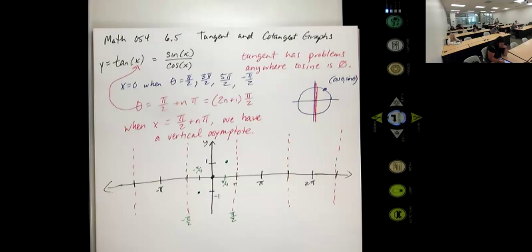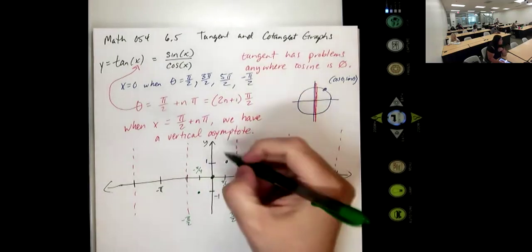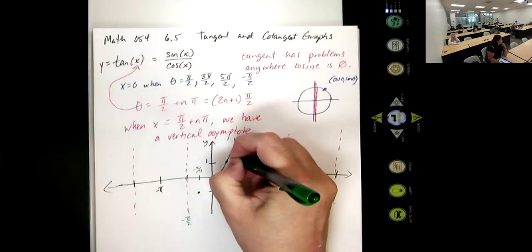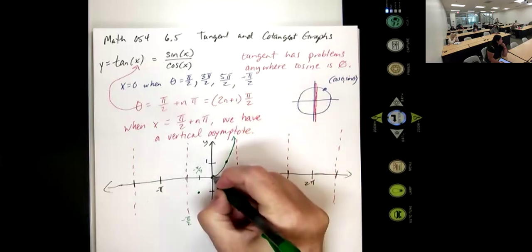Now, it makes it look like it's going along in a straight line, but the asymptotes mess that up. So what we have is something that looks a lot like x cubed, except it follows an asymptote.